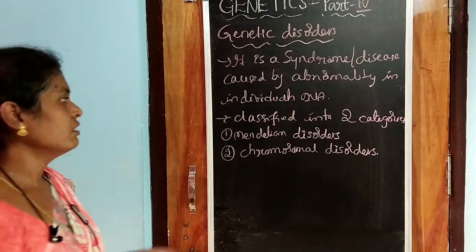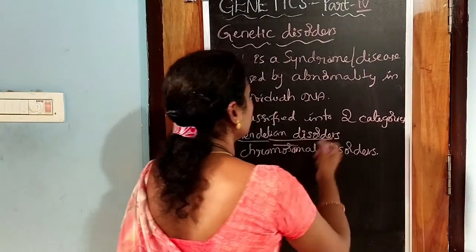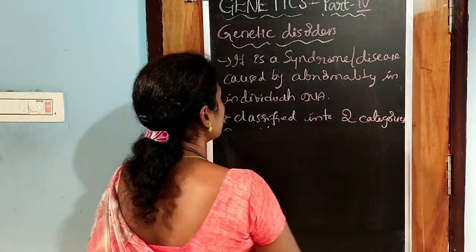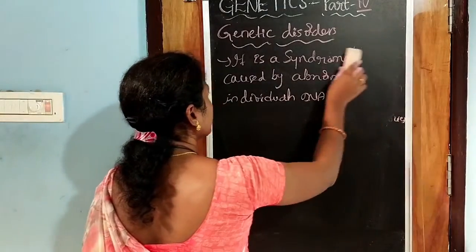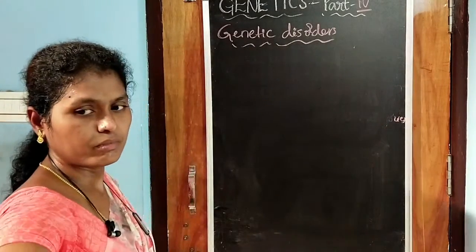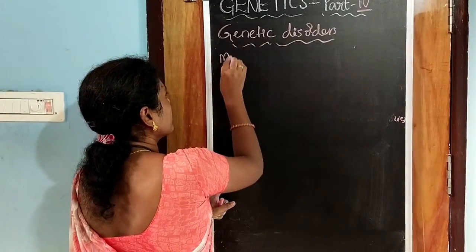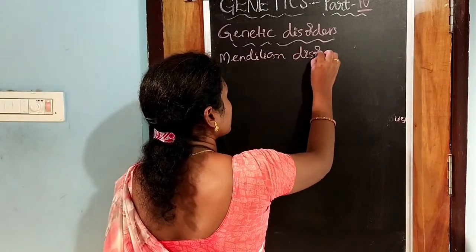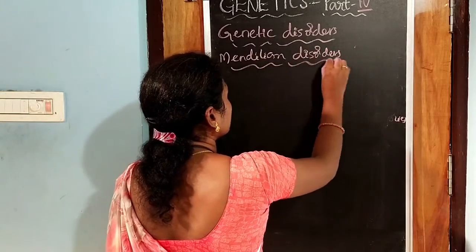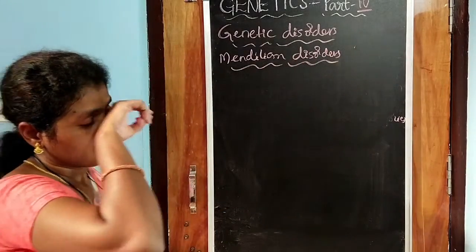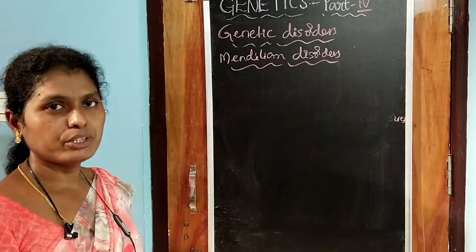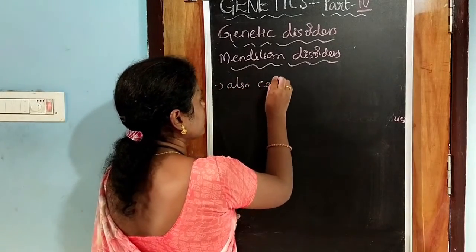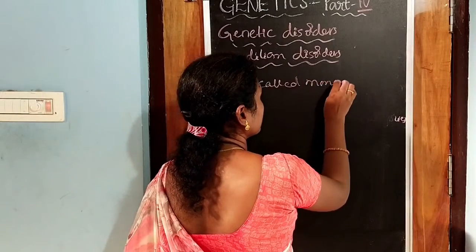Coming to the Mendelian disorders. Mendelian disorders exhibit the Mendelian type of inheritance. They are caused by a single mutation in DNA, so they are also called monogenic diseases.